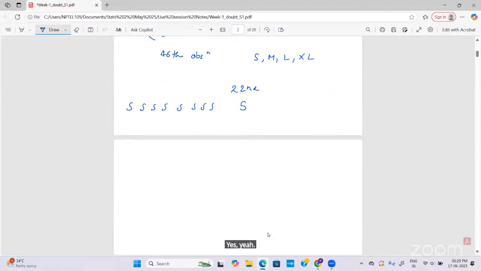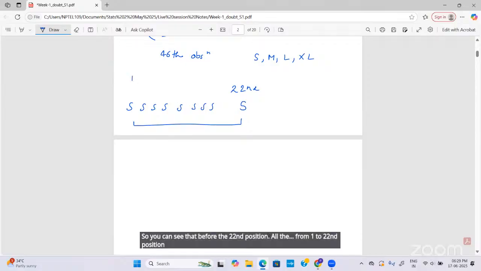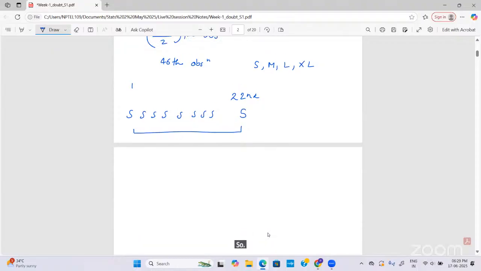From the 1st to the 22nd position, we have S size shirts. So you can see that S size shirt will be the mode also in that case, because up to 22, the number of shirts will be of S size.